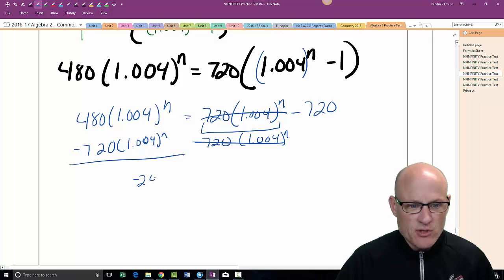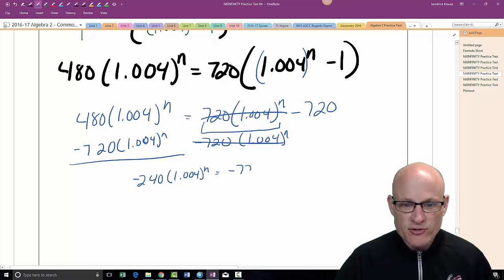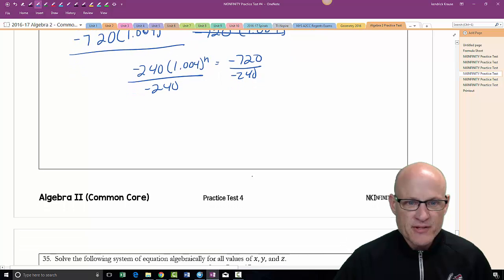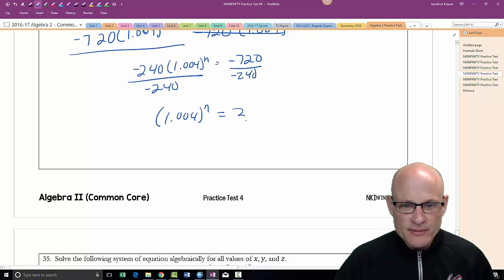Negative 240 times 1.004 to the n is equal to negative 720. Divide by negative 240. We're almost there. I think that's 3. So 1.004 to the n equals 3.